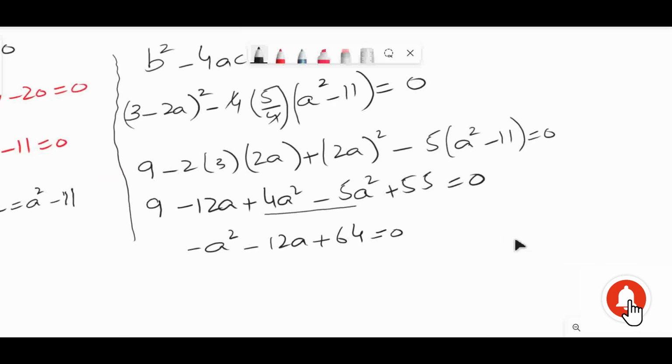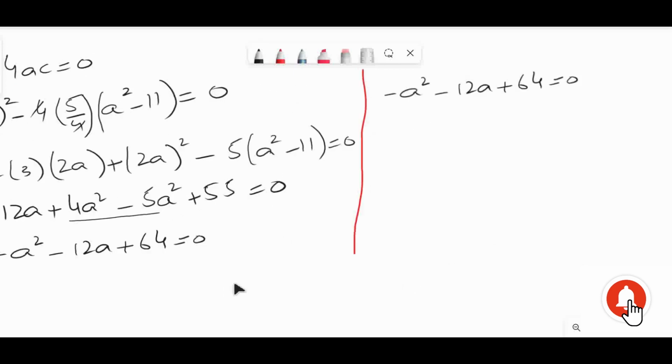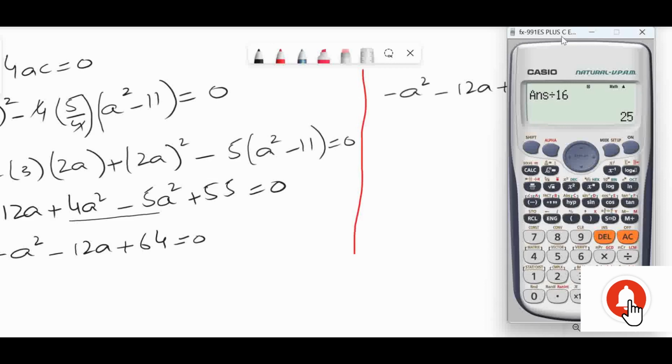Now this is a quadratic equation and we can directly solve it on the calculator.